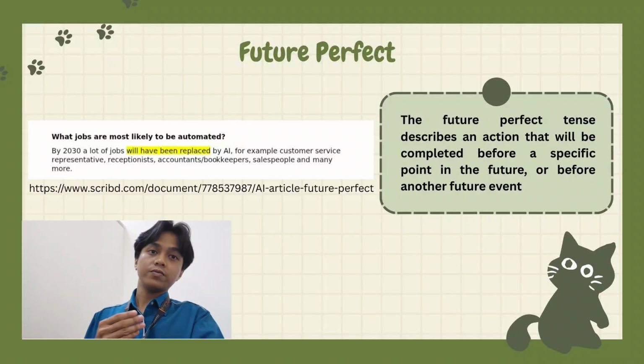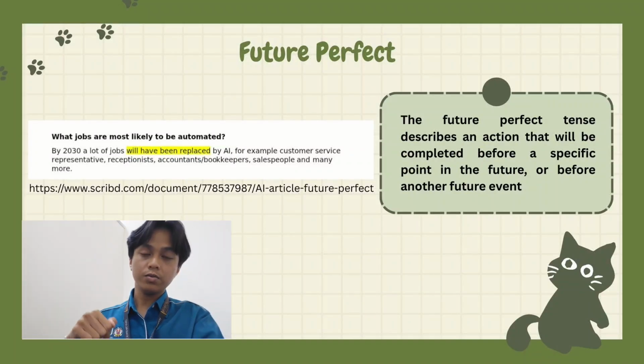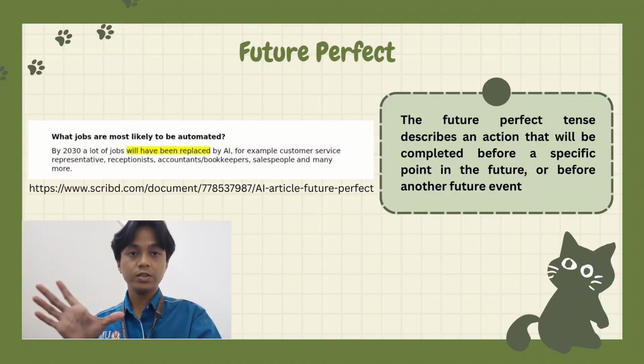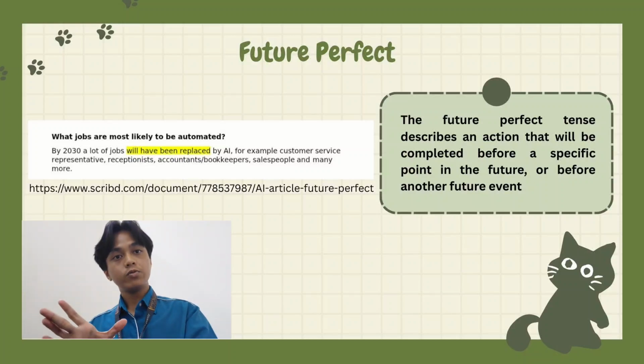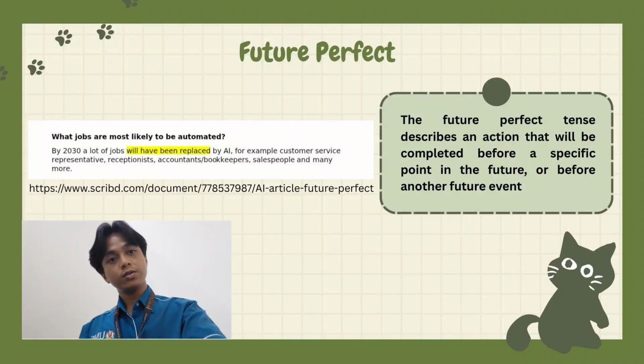So it says that 5 years from now, the starting point is today, 2025, and then 2030, so 5 years. In this 5 years period, it will end, so will have been replaced.